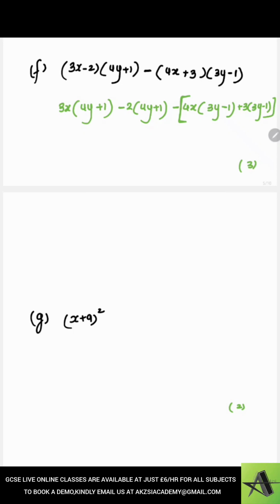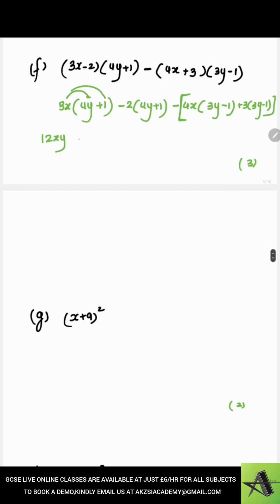So 3x times 4y is 12xy. 3x times 1 is plus 3x. Minus 2 times 4y is minus 8y. Minus 2 times plus 1 is minus 2.